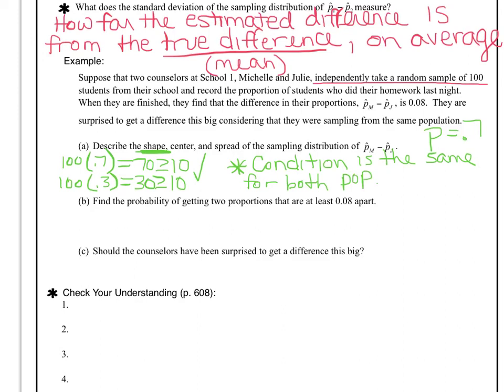Okay, so then I find the mean, p hat M minus p hat J. And to get that, I would subtract the two proportions. Well, 0.7 minus 0.7 is 0. So my mean is 0. So then I do the standard deviation. I need to say that I can assume that there are more than 1,000 students in this school.